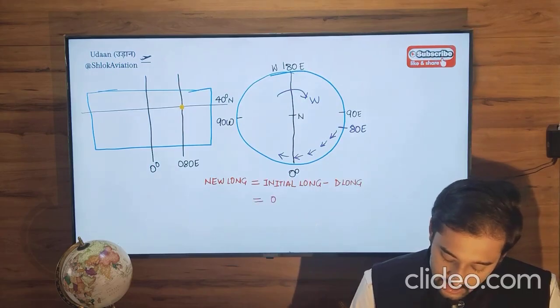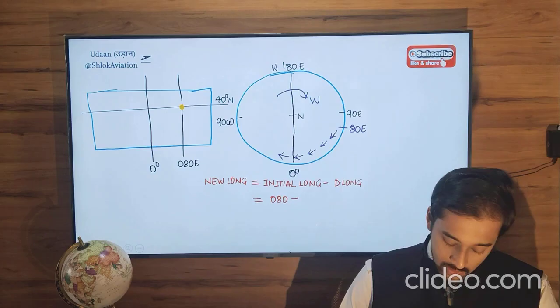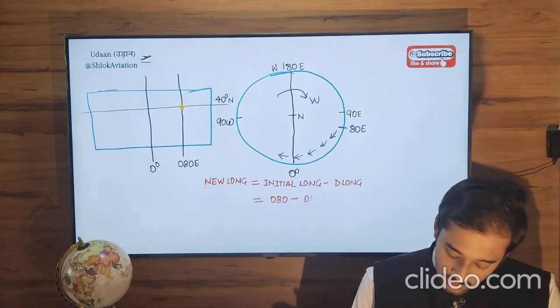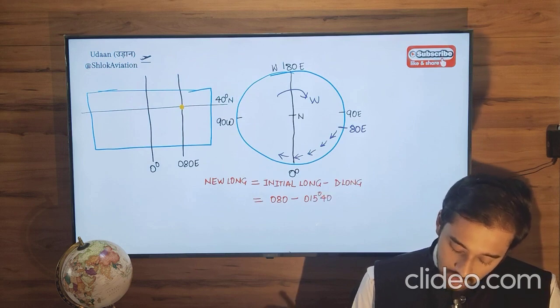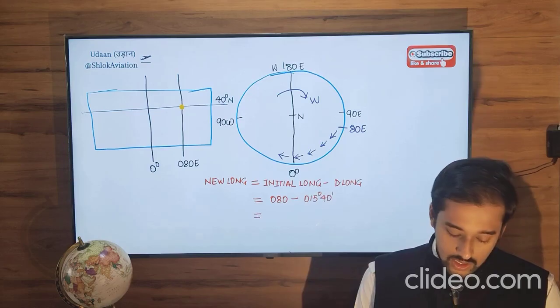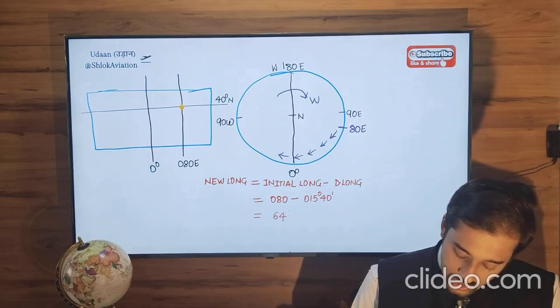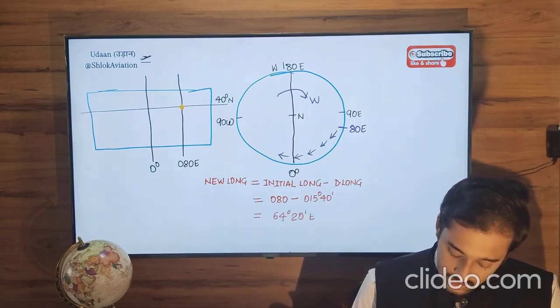So initial is 080, d long is how much? 15 degree 40 west. So 080 degree minus 15 degree 40 minutes amounts to 64 degree 20 minutes east.